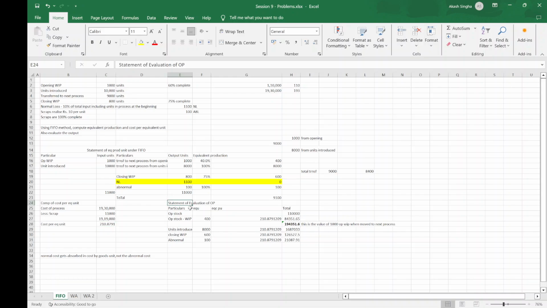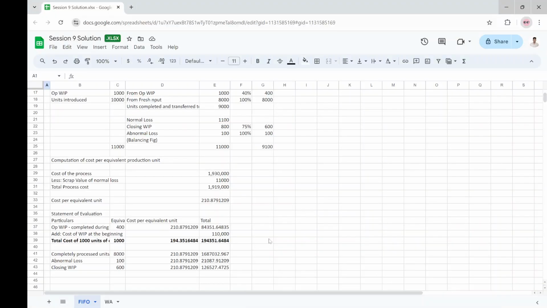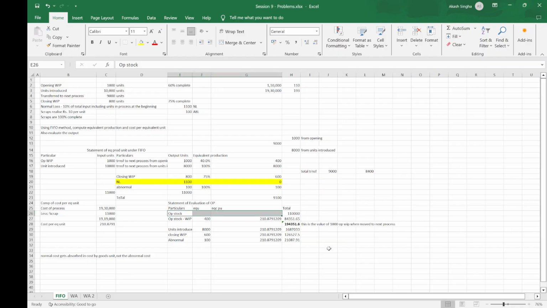Now we have to do this table, which is the equivalent unit kind of thing. So first of all, for opening stock, the cost is, I think we are going in the right direction. So we have to calculate how much value we have.